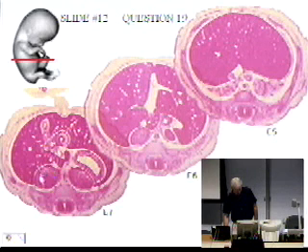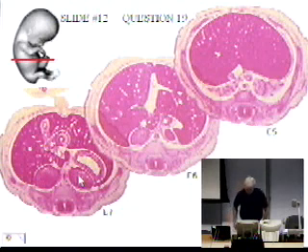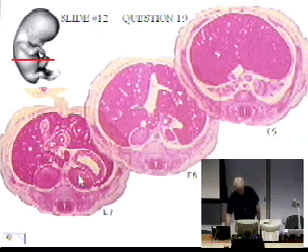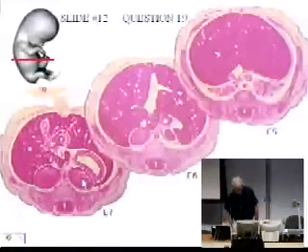So these dorsally placed structures in this level, labeled E7, are for question 19. And this is a true-false question. This is the kidney. True or false?